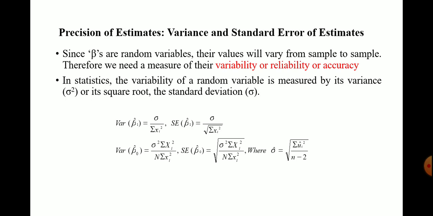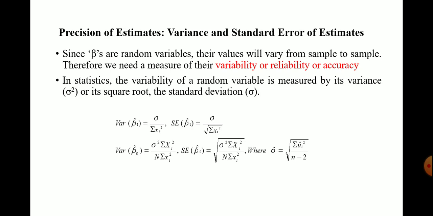Then how can we find the variance of beta cap 0? For that we have to find small sigma square into sigma capital X square divided by n into sigma small x square. If you take the root of this, you will get the standard error. The variance and standard error should be as small as possible.